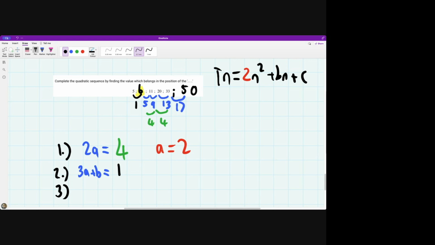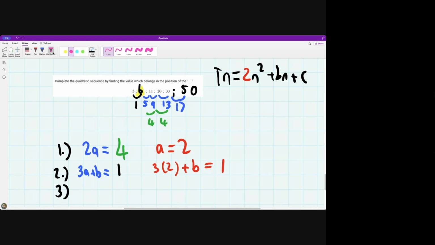If you know that a is 2, can you work out what b is? So you've got 3a plus b is 1. You know a is 2. Hang in there anyway, so I'll help you. You have a 3 and you know that a is 2. You know that this is true.